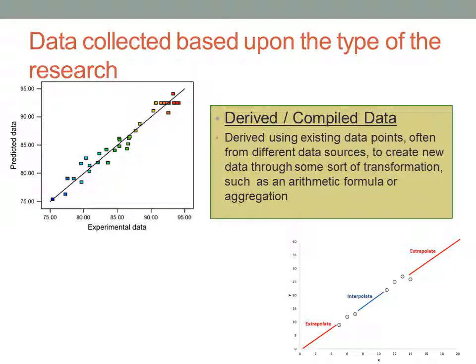Okay, the fourth type of data that could be collected based upon the different types of research methods you can use are derived or compiled data. Now, in the case of 1 over C that I have found, that is also derived data.